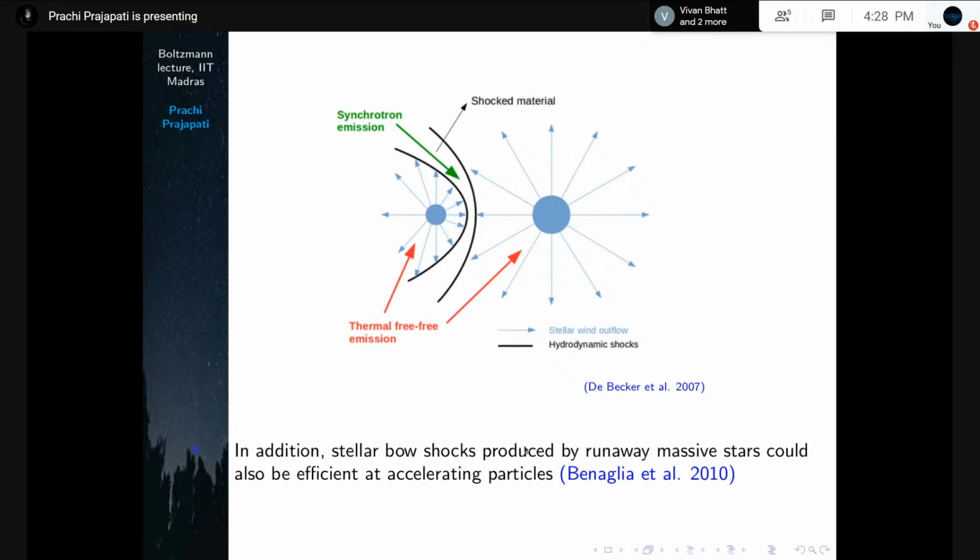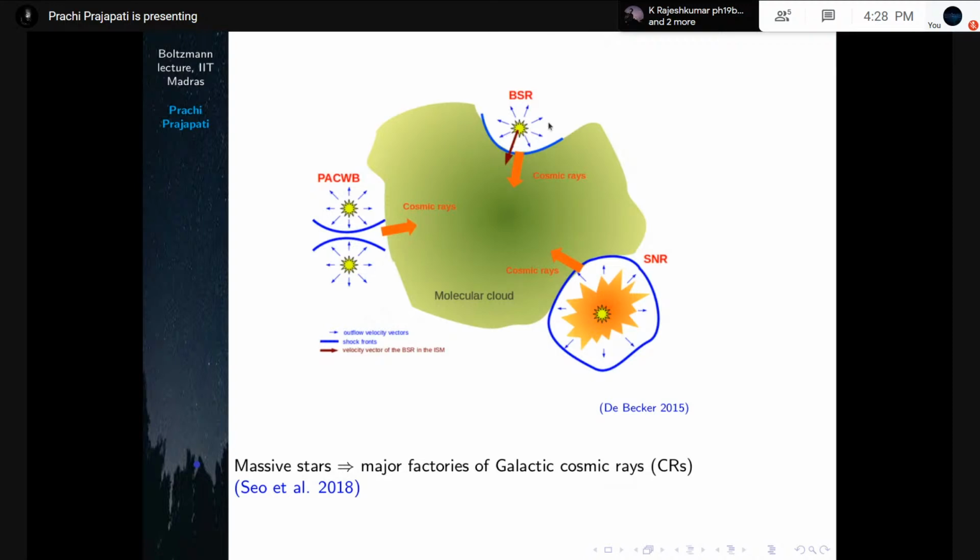This will be very intuitive in this figure. Let's say this star is moving in this direction, and there is this surrounding medium here. Due to this motion, it pushes the material in this direction, and it causes the formation of the shock here, which is a bow-shaped feature.